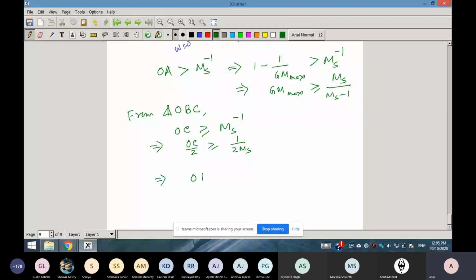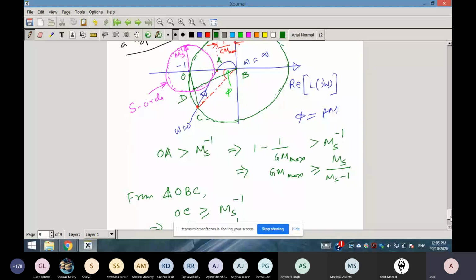What is your OD? From the figure, your OD is sine of phi by 2. You can easily see, because this is a triangle where these two sides are equal, unit radius. The angle OBD will be equal to phi by 2.